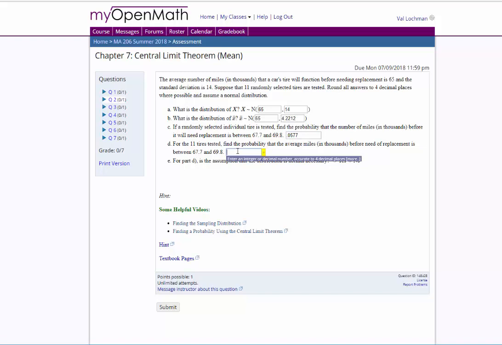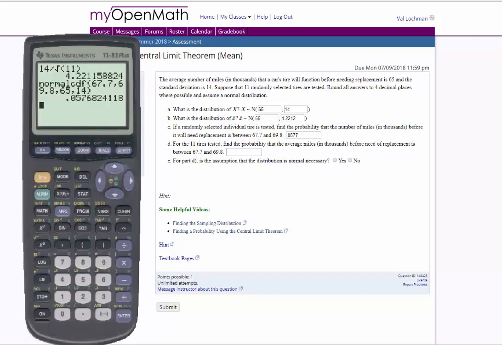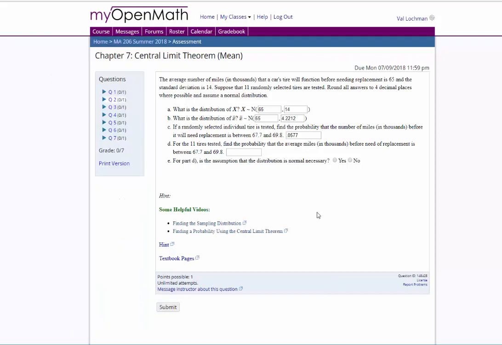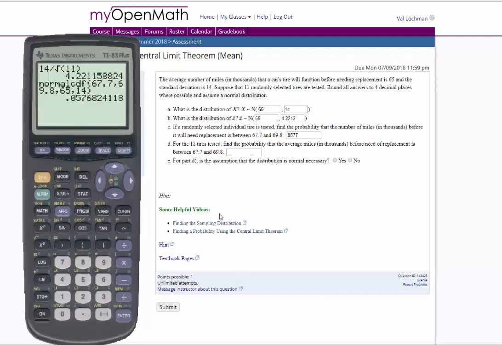Now, let's see what this question is asking us. For the 11 tires tested, find the probability that the average miles fall in the same range. So we have exactly the same range as above. It might seem like it's asking us the same question, but it's not. Now we ask about the average mileage, okay? So what I'm going to do is the following.